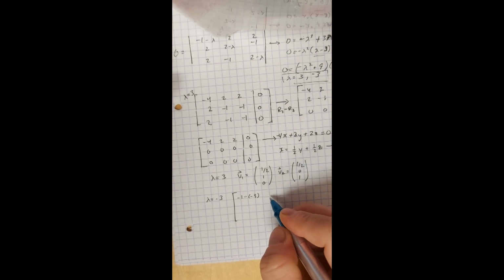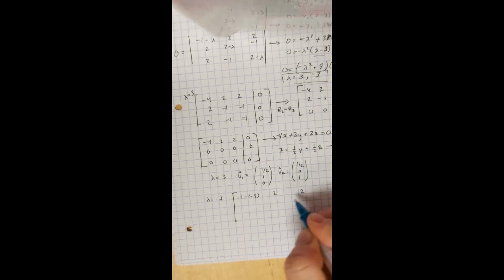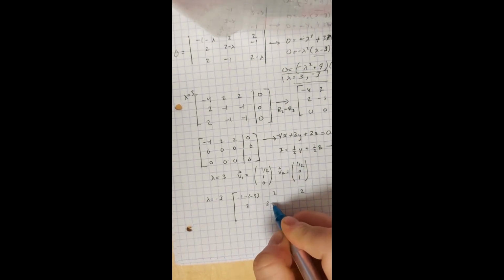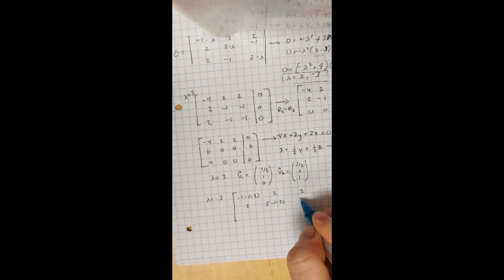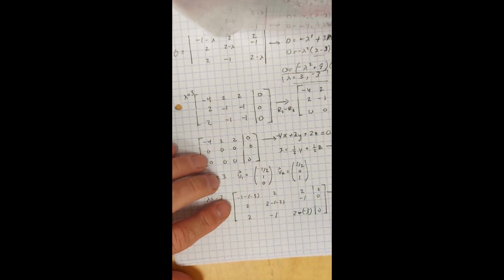Okay, and then we had a 2 and a 2. We had a 2 minus a -3, and then a -1, and then we had a 2, -1, and a 2 minus a -3. We're going to augment that with zeros again.